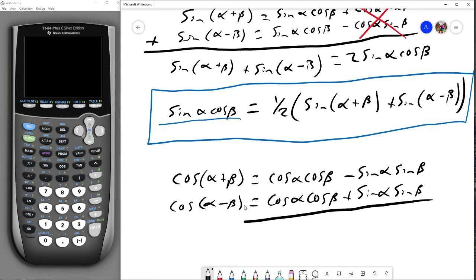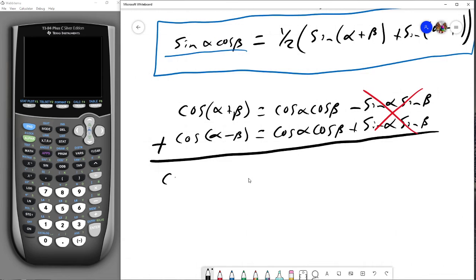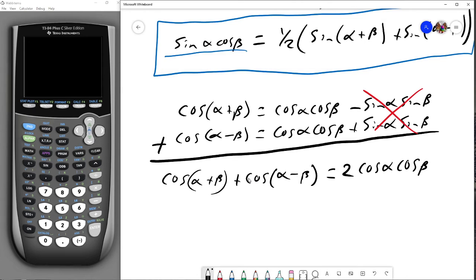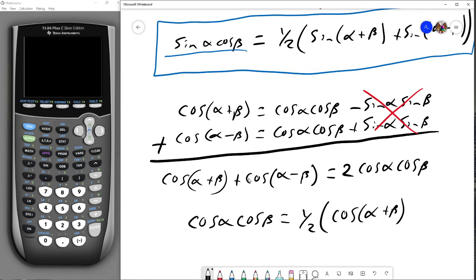Now, if we did the same thing and just added here, notice these terms die, and that leaves us with cosine alpha plus beta plus cosine of quantity alpha minus beta is equal to 2 cosine alpha cosine beta. Now again, we can divide out the 2 on both sides, and so we get the product of cosine alpha times cosine beta is equal to 1/2 of cosine alpha plus beta plus cosine of alpha minus beta.